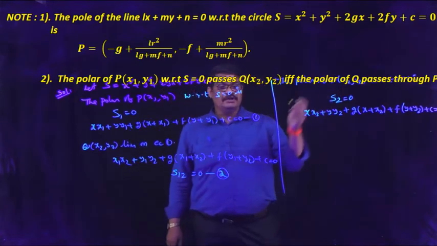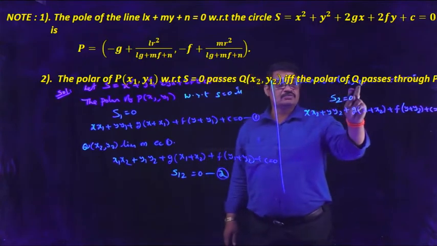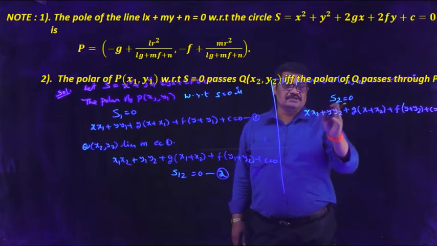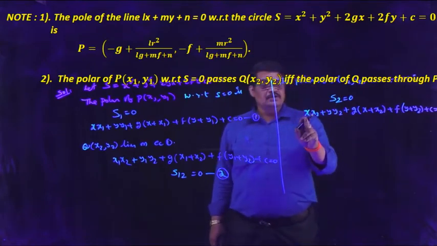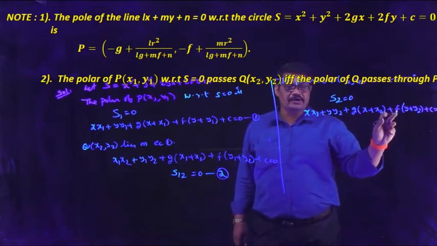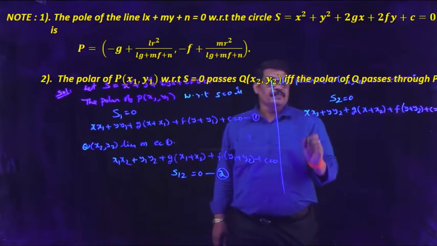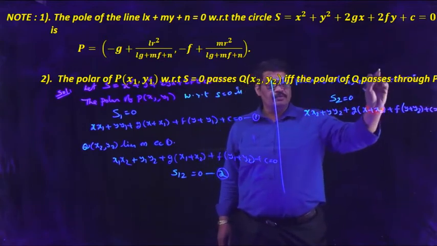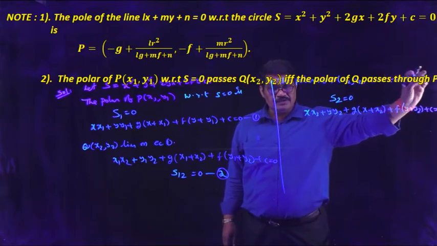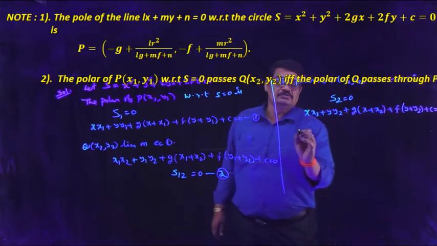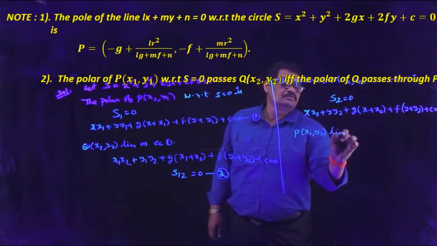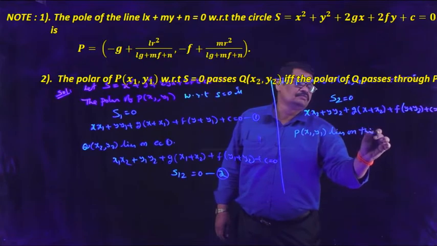The converse part is the polar of Q(x2, y2) with respect to the circle S = 0, which is S2 = 0. What is S2? x·x2 + y·y2 + g(x + x2) + f(y + y2) + c = 0. Now this polar passes through the point P. Here the statement is that the polar of Q passes through the point P, so P(x1, y1) lies on this equation.